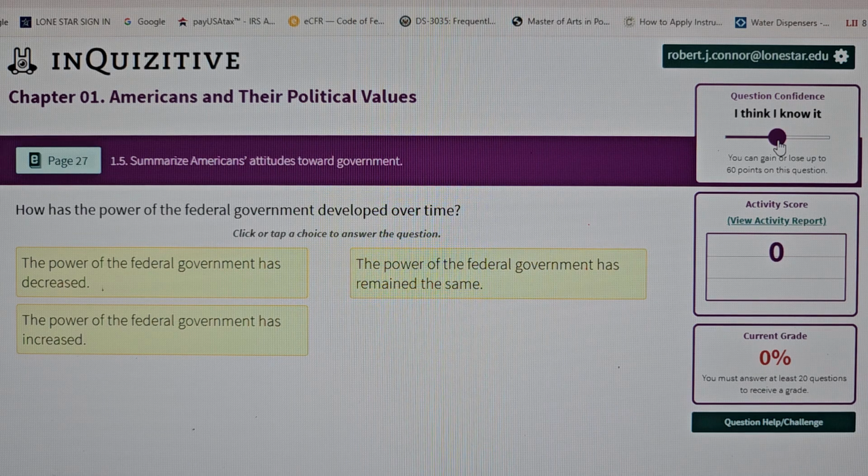If you're wrong, you lose points. Okay, so you can choose. It starts off medium in the middle, but if you say, hey, I know the answer to that, then you go, wow, you go all the way over, I know it. And so when you answer this question, you're going to get the maximum number of points.